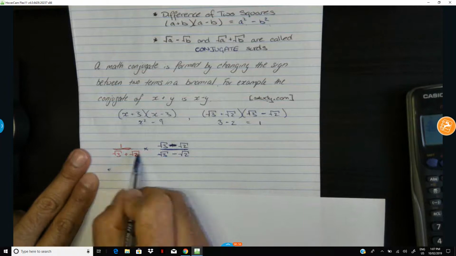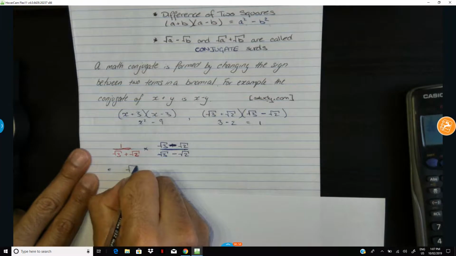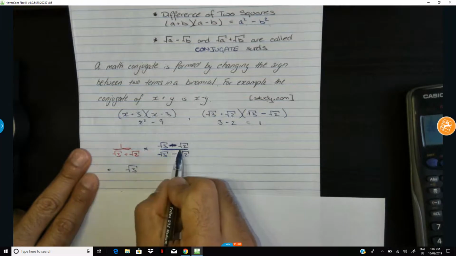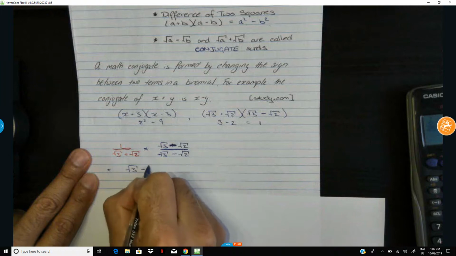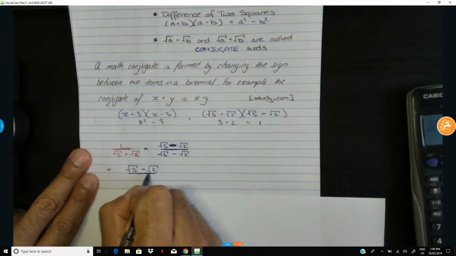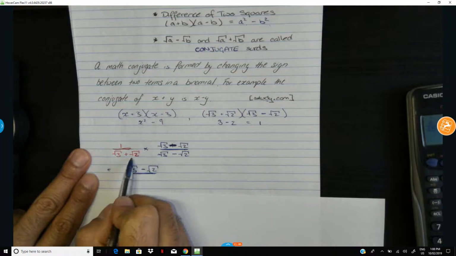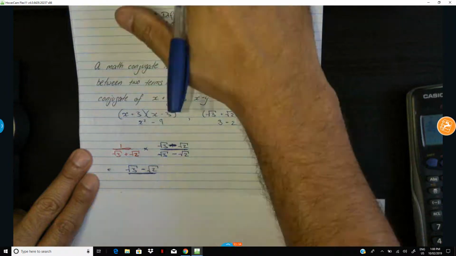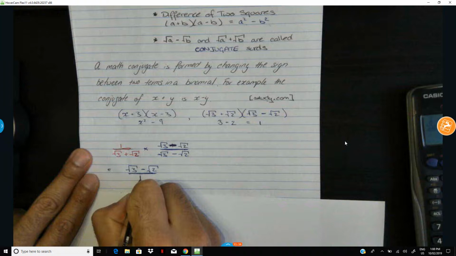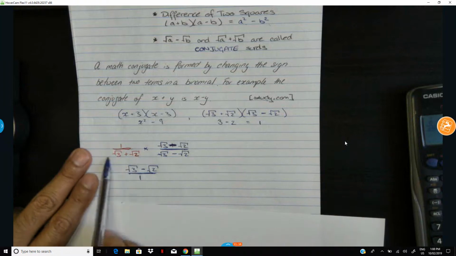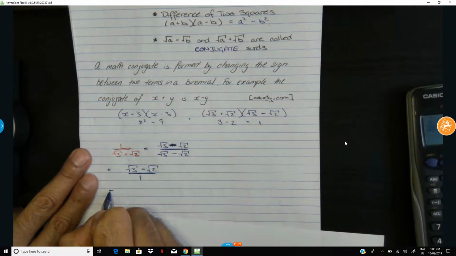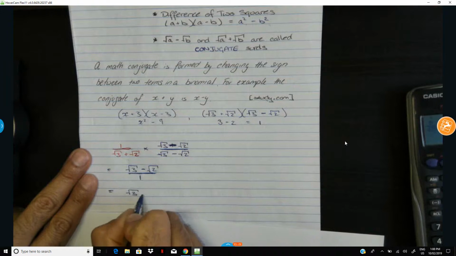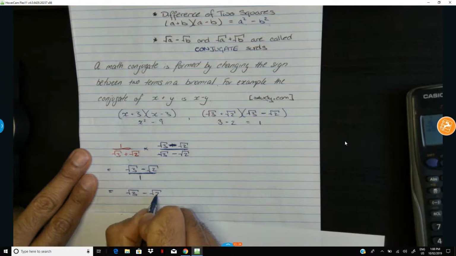So 1 times square root 3 is just square root 3. 1 times negative square root 2 is negative square root 2. And square root 3 plus square root 2 multiplied by square root 3 minus square root 2 is, as shown here, just 1. So the solution of rationalizing this is simply square root 3 minus square root 2.